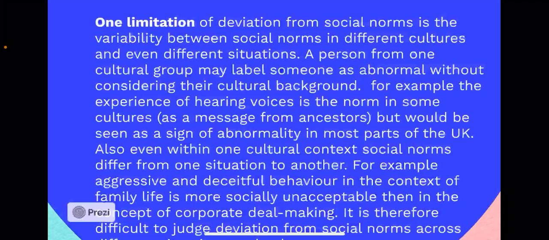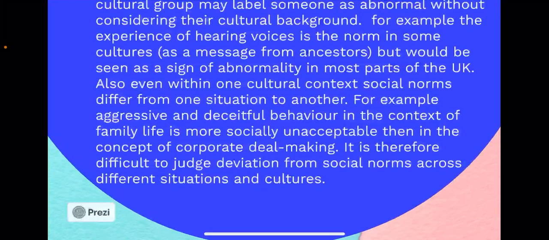Also, even within a cultural context, social norms differ from one situation to another. For example, aggressive and deceitful behaviour in the context of family life is more socially unacceptable, so that would be seen as abnormal, than in the context of corporate deal making, where it is seen as normal behaviour. It's therefore difficult to judge deviation from social norms across different situations and different cultures.